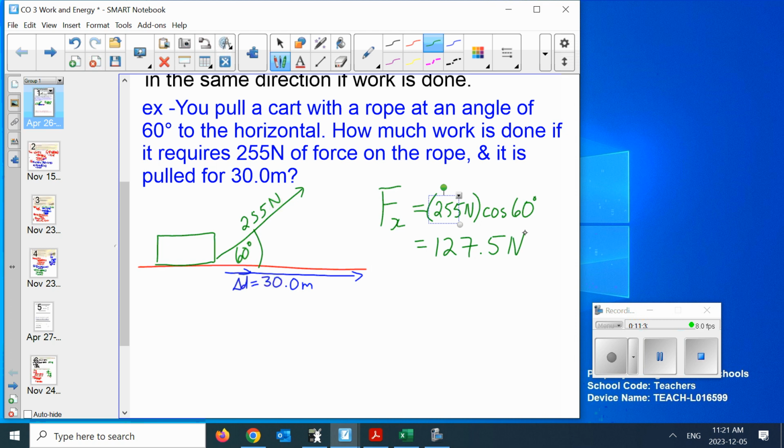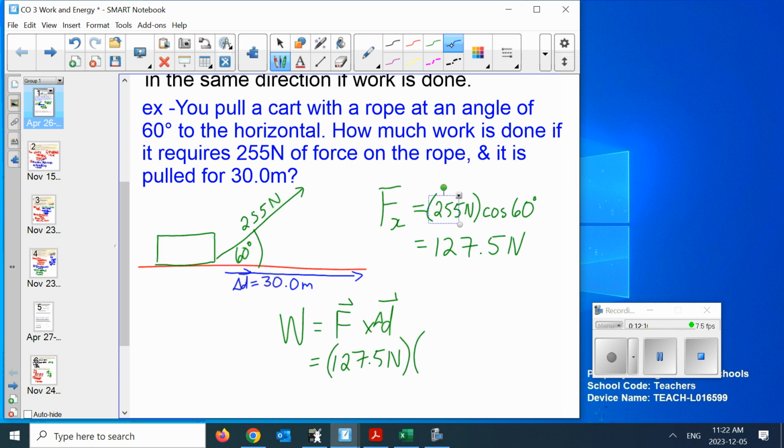So that's the part that's actually applied to doing work to the object, moving. So to multiply the work, this is 127.5. I know I have an extra significant.